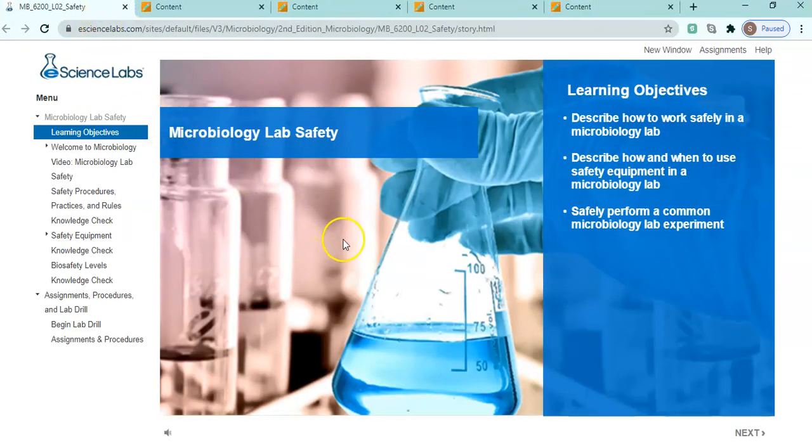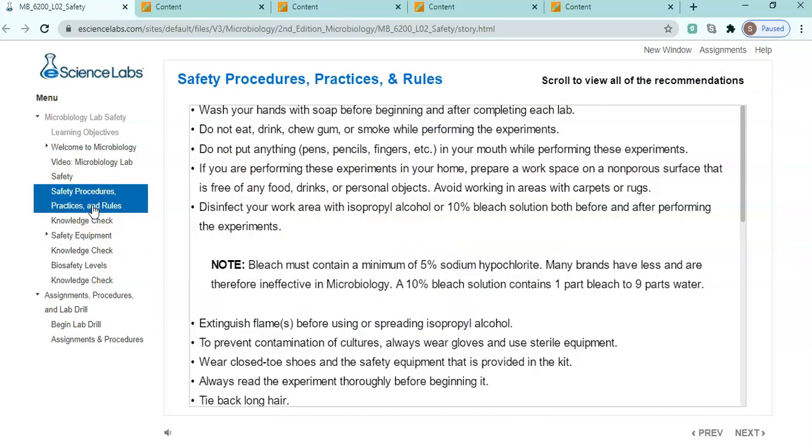Lab number 2 dealt with Microbiology Lab Safety. Again, this lab's focus was really about the levels of personal protective equipment, things like your gloves, your gowns, coats, and goggles. Also, make sure that you are familiar with the safety procedures and practices of the microbiology laboratory.